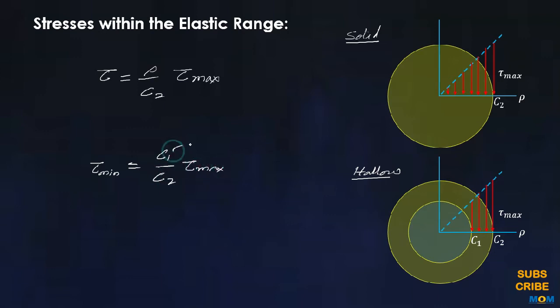Now here C1 is the inner radius and C2 is the outer radius of the shaft. Again this rho is any distance from the axis of the shaft.